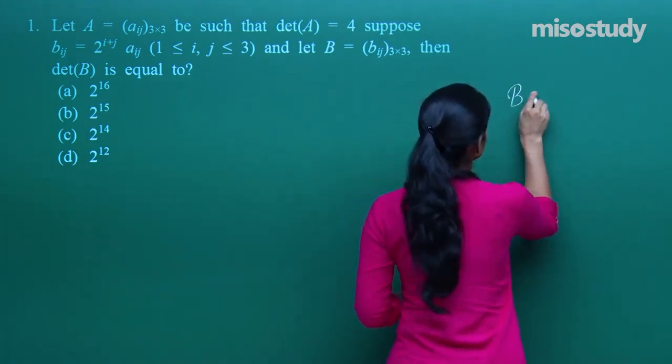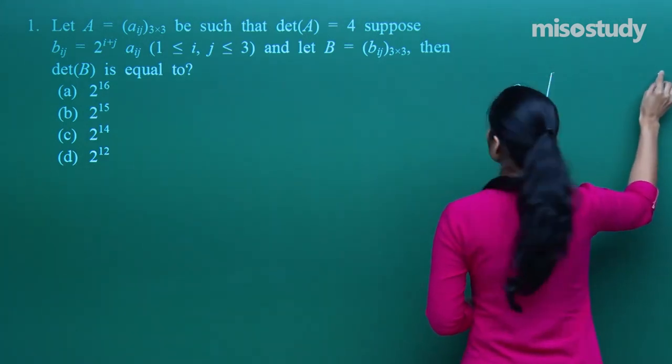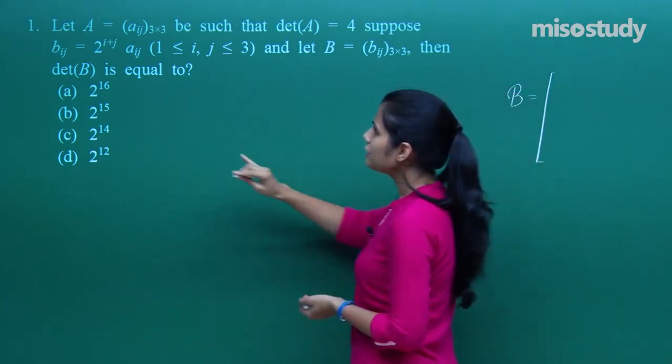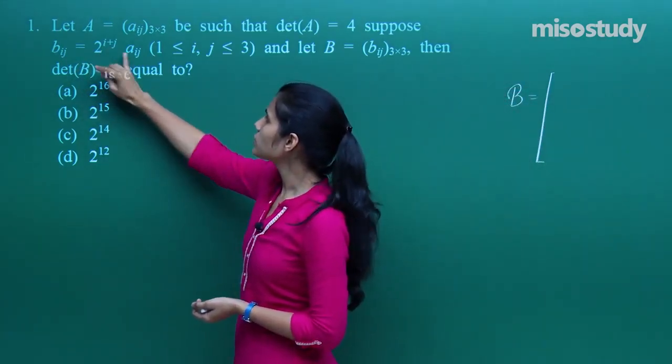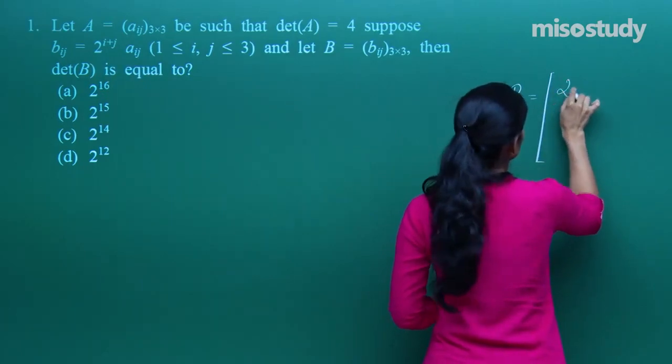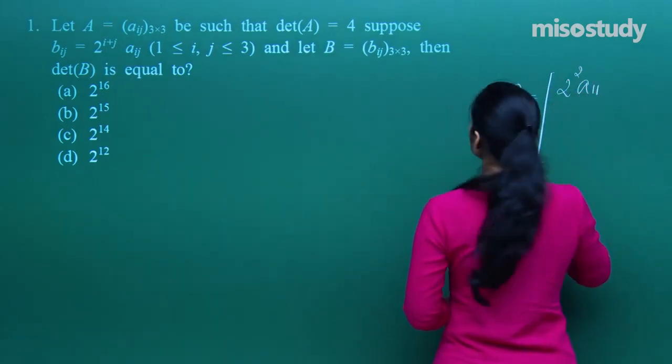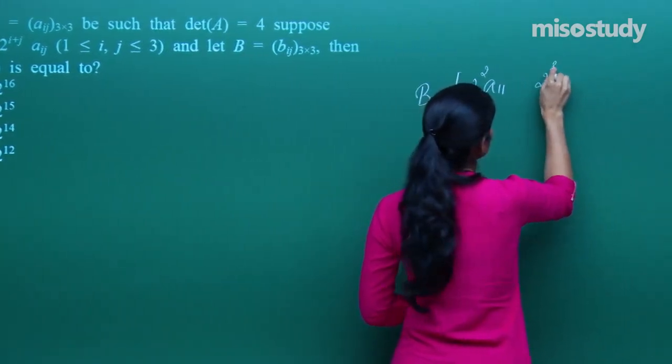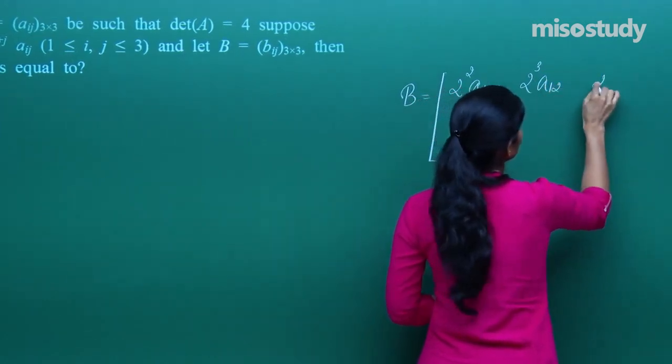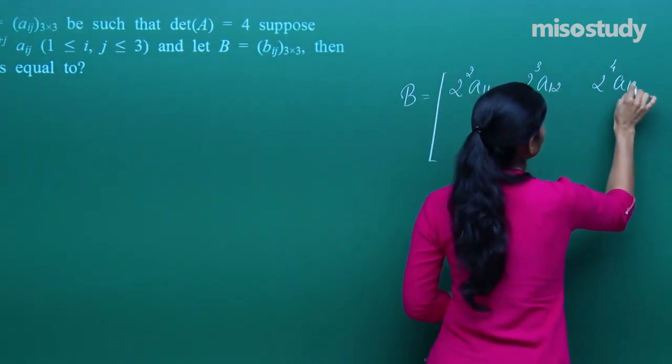So what exactly is B? Let's see what it is. The 1/1th entry of B is 2 to the power 1 plus 1 a11, so it is 2 square a11. Next, similarly, is 2 cube a12, 2 to the power 4 a13.